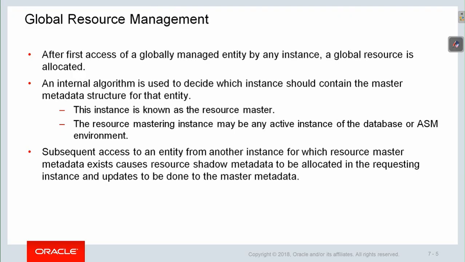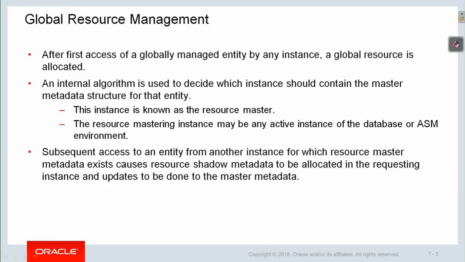The assignment of master and shadow metadata is internally controlled. The instance that can modify the metadata is called the master instance for that specific metadata. Subsequent access to an entity from another instance, for which resource master metadata exists, causes resource shadow metadata to be allocated in the requesting instance, and an update to be done to the master metadata.